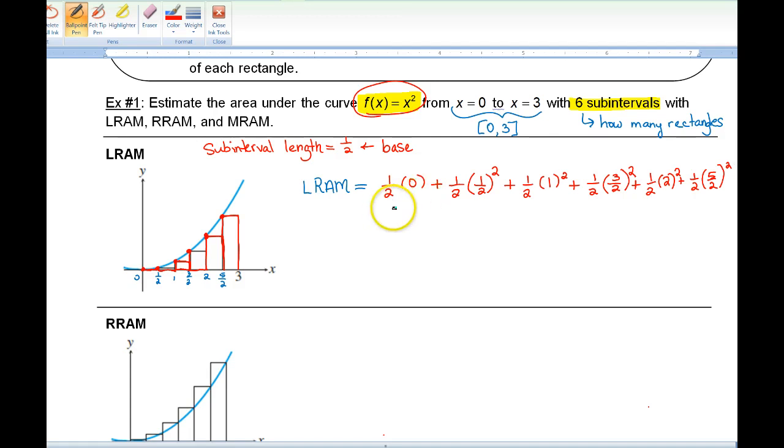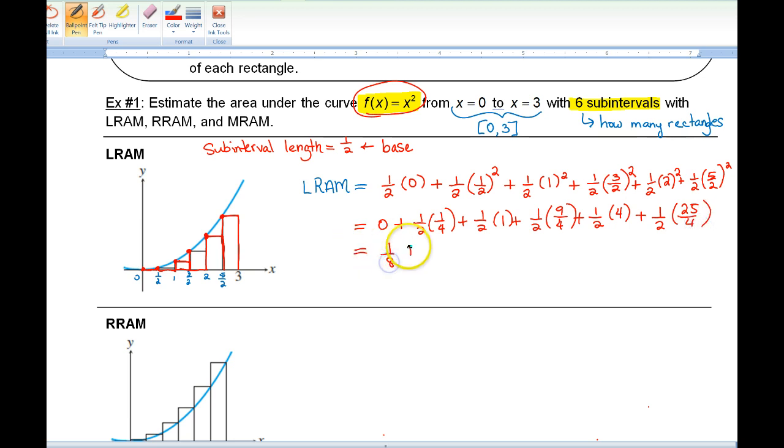Now, we could double check, make sure that you have 1, 2, 3, 4, 5, 6 rectangles added together. So go ahead and take a minute to plug that in. You can see that we'll get 0 for this. So this will be 1/2 times 1/4, 1/2 times 1, 1/2 times 9/4, 1/2 times 4, and 1/2 times 25/4.